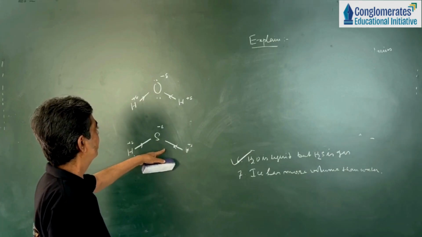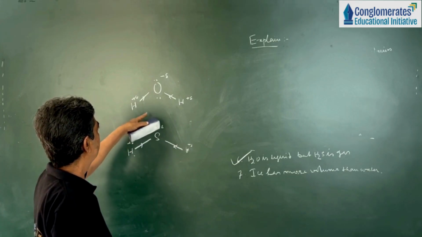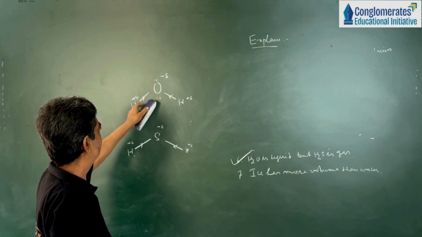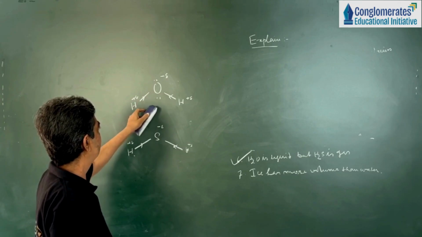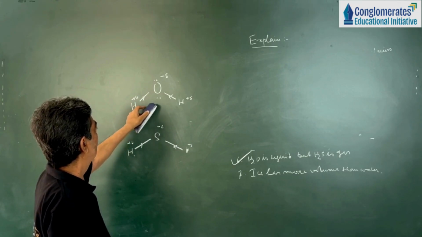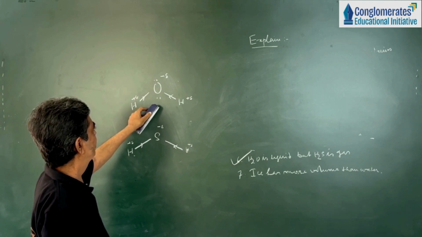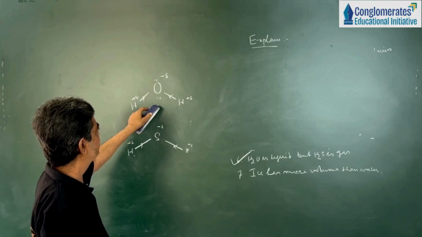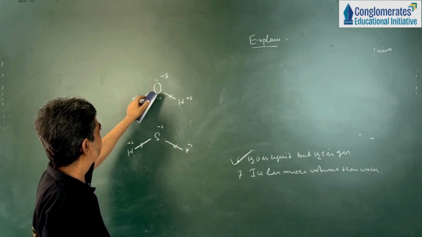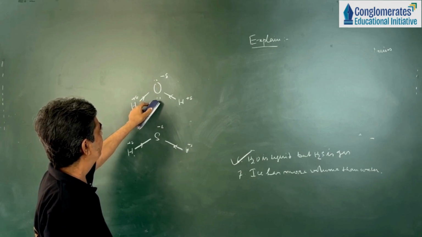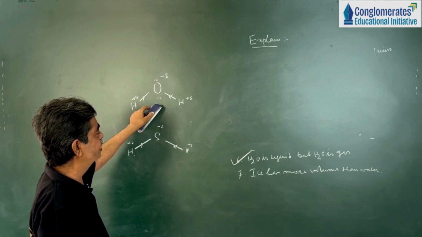But since we know oxygen is more electronegative than sulfur, an oxygen atom can attract several water molecules because of its polarity and make hydrogen bonds with each other.